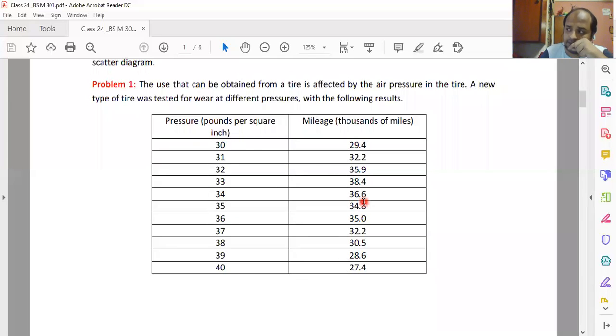There is a topic called curvilinear regression. So we can assume that maybe pressure and mileage are not linearly related, they are non-linearly related. It may so happen. If they are non-linearly related, how are they related? Exponentially, logarithmically, or trigonometrically? We don't know. So we can assume anything.